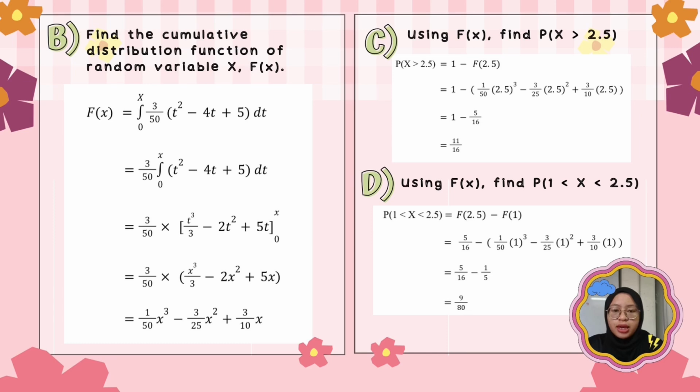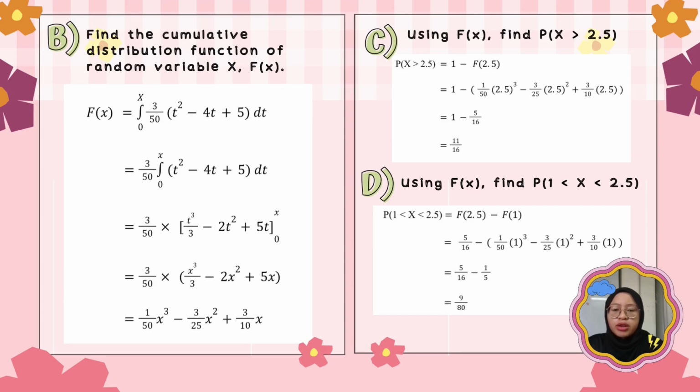For question C, by using capital F(x), find probability of x is bigger than 2.5. To find the probability of x is bigger than 2.5, we need to use 1 minus F(x). Then we substitute the value 2.5 into the formula.